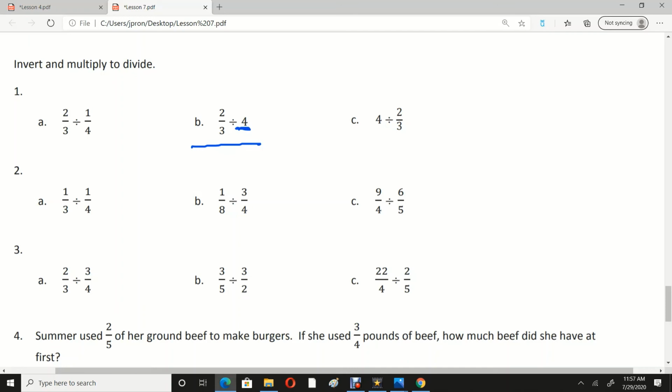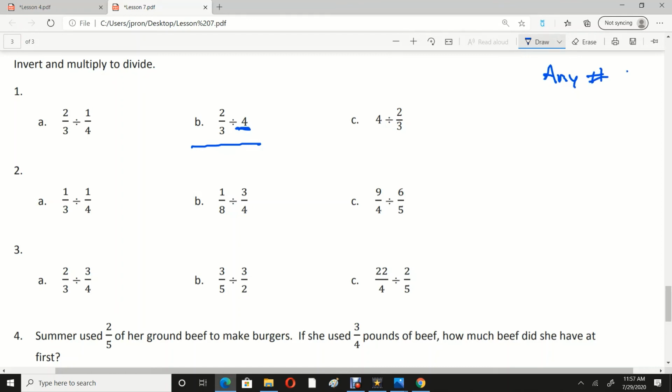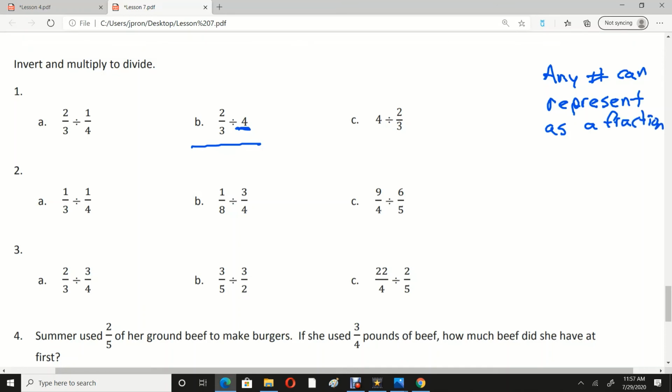But let's go back to lesson 4 and remember the rule that any number can be represented by a fraction, right? How would we represent 4 as a fraction? Y'all tell me. Well, couldn't we just put it as 4/1?